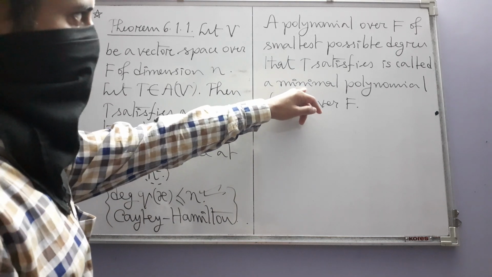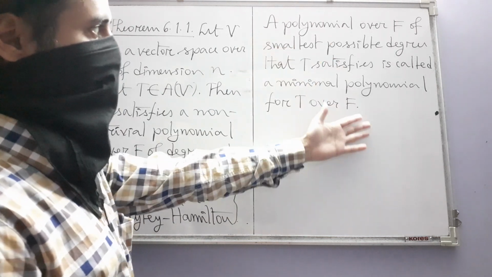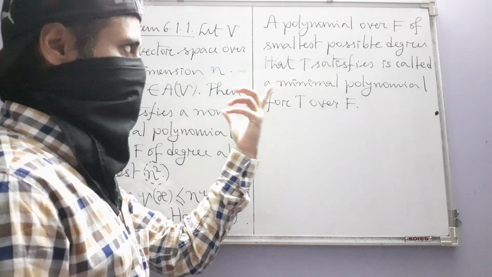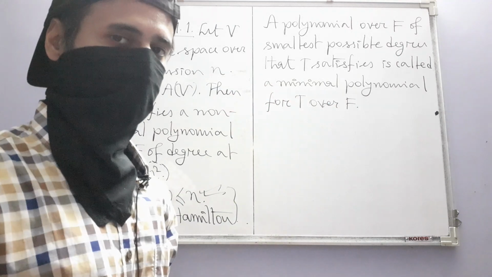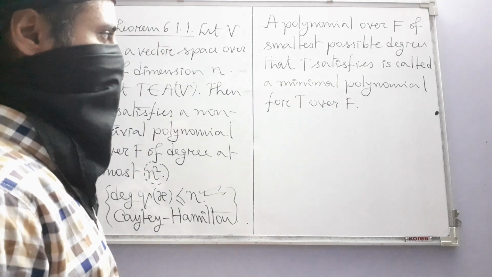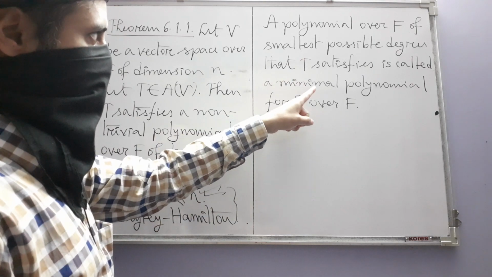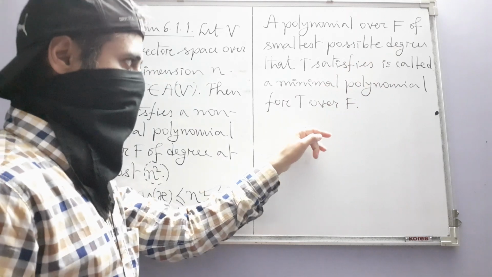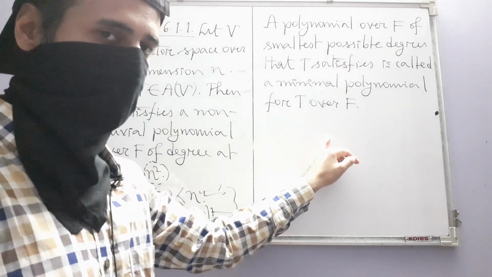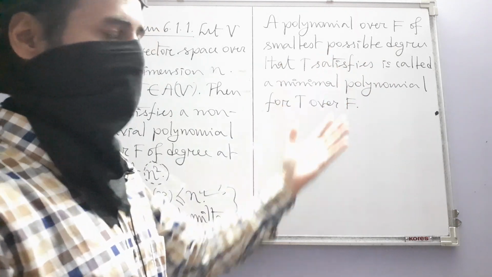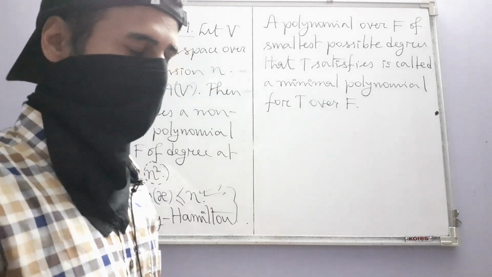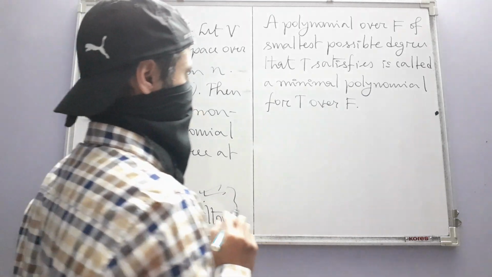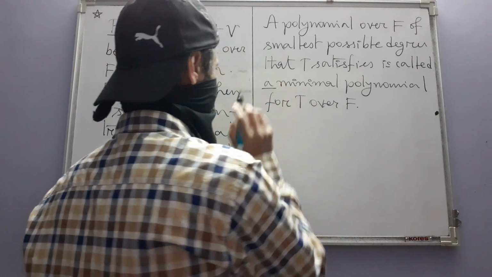You may be thinking, I have not written anywhere in this statement the fact that the polynomial needs to be non-trivial. However, we are talking about its degree, no? And we have defined degree only for non-trivial polynomials. So automatically, this means the polynomial has to be non-trivial. Also note one more thing, a minimal polynomial.